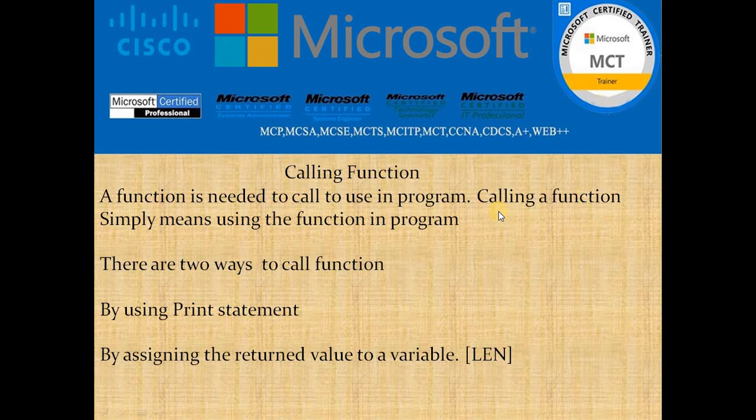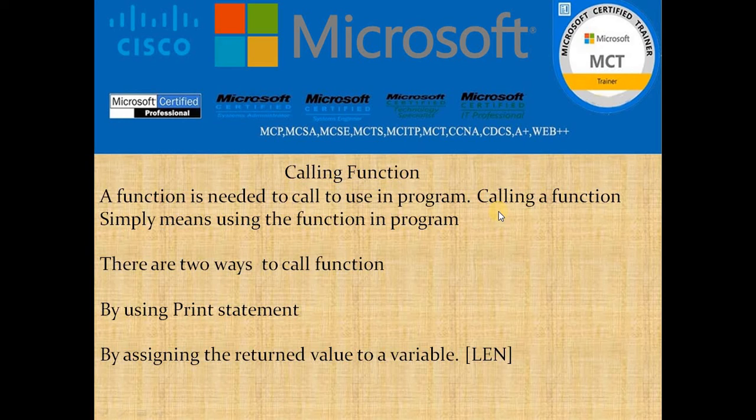Now, after you define any kind of function, it has to be called. In order to make the best utilization of a function, whether it is user-defined or built-in, the function has to be called. There are two possible ways where a user can call those functions.